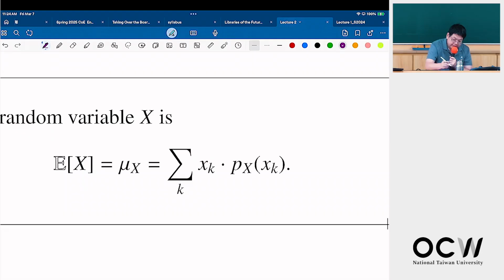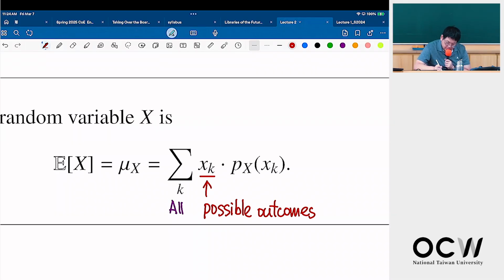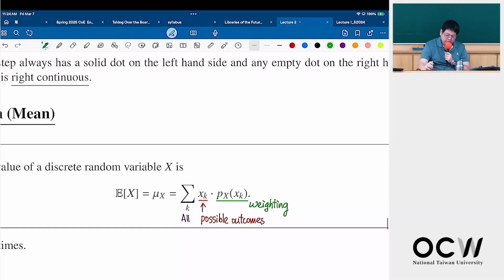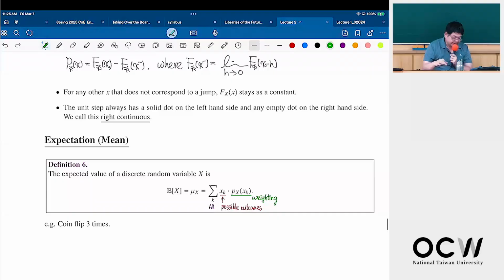The summation means all, and this xk is the possible outcomes, and this PMF is the weighting. That is your expected value.